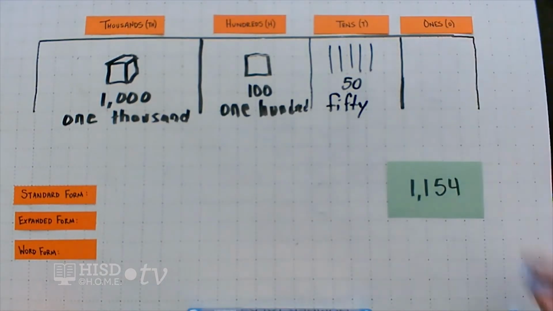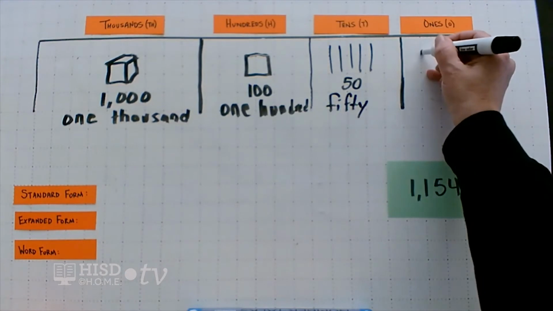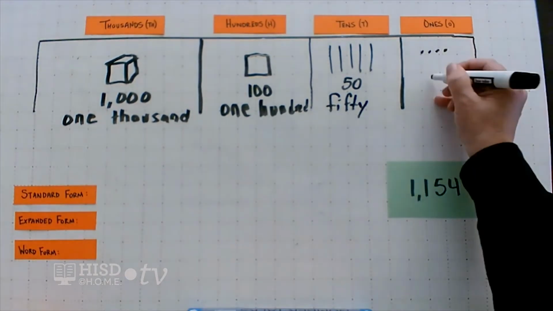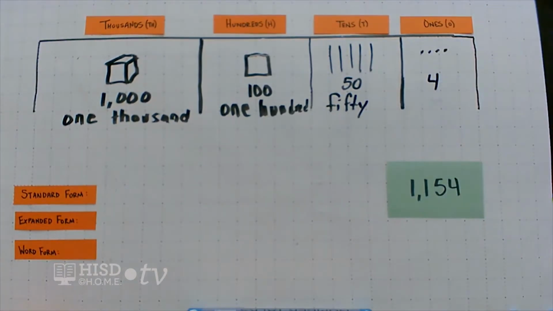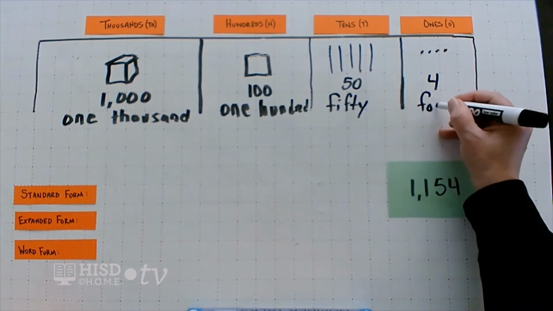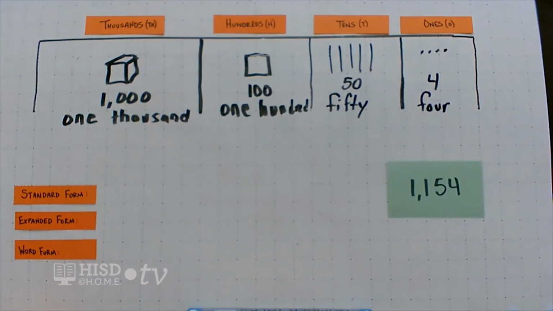We can remove those, draw our pictorial representation of our 4 units, record abstractly with the number 4, and we can write 4 out in words. So as we see, we have now built our value and we have represented it with pictorial images.